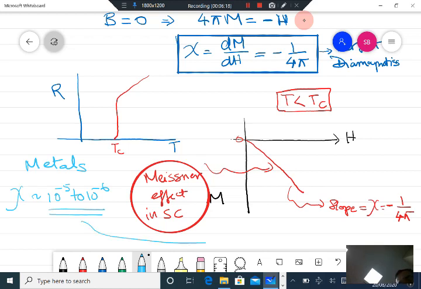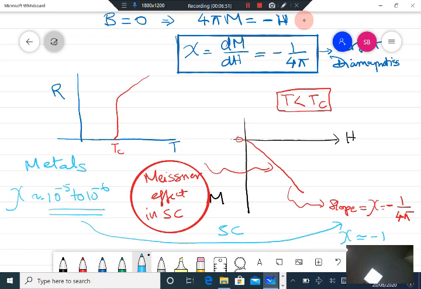Compared to that, look at the susceptibility of a superconductor. It is of the order of -1. So it's a huge susceptibility. The diamagnetic susceptibility which you see in a superconductor is fantastically large. It is orders of magnitude larger than that of a metal. And this is why one says that the superconductor is a new thermodynamic state of the material.